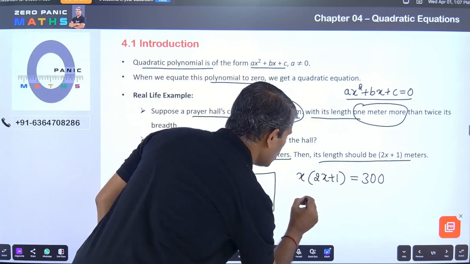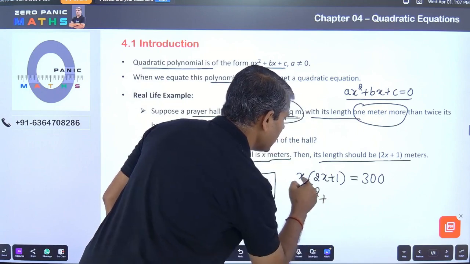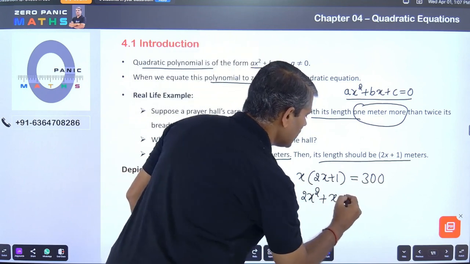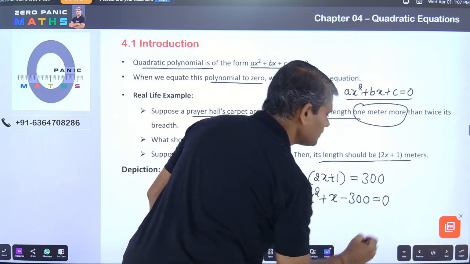x into 2x will be 2x square, plus x into 1, it is x, and 300 you take to the left side, which gives us minus 300.